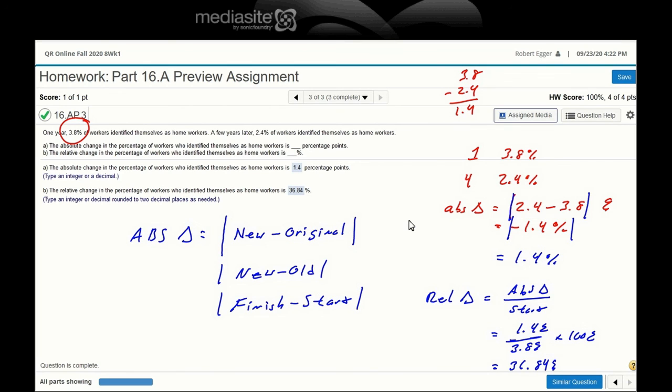Use one of the mnemonics to help you. Or absolute, bigger minus smaller is what's going to happen.